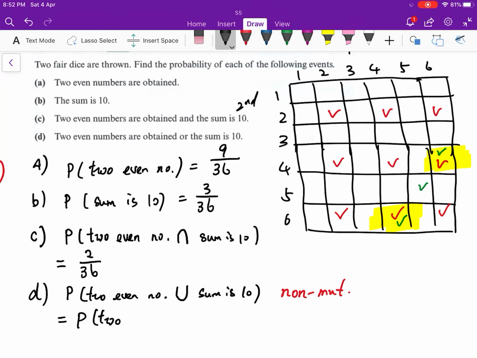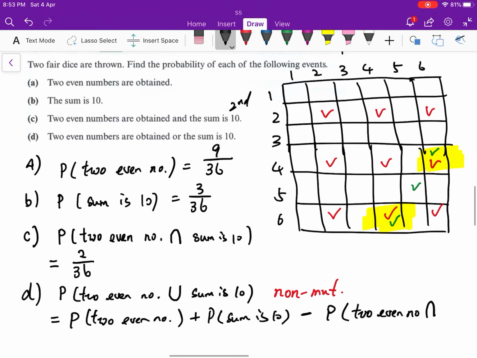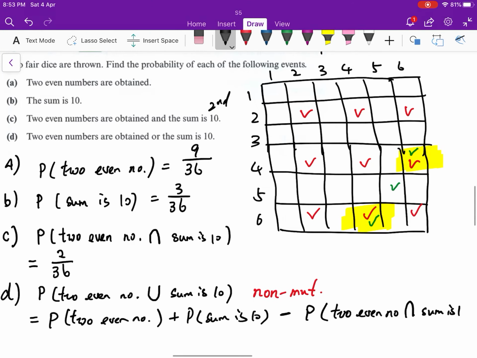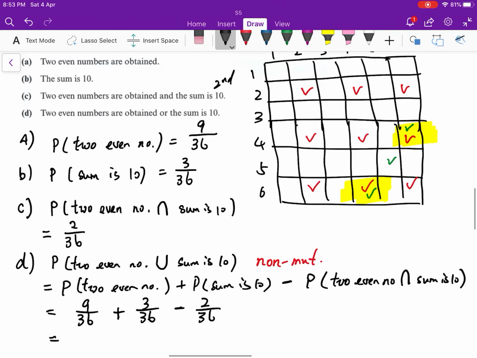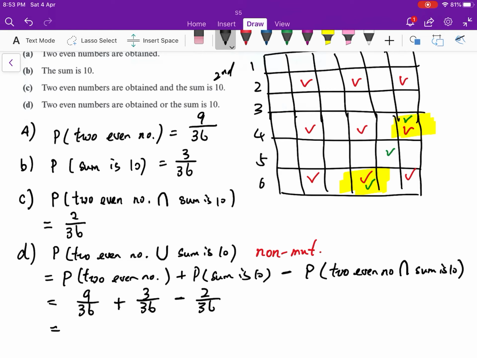It will be the probability of two even numbers plus the probability of the sum is 10, then minus the overlap, the both one. That means two even numbers and the sum is 10. That will be your formula. So it will be the A part answer plus the B part answer minus the C part answer. Can you see that? Then the final answer will be 10 out of 36.